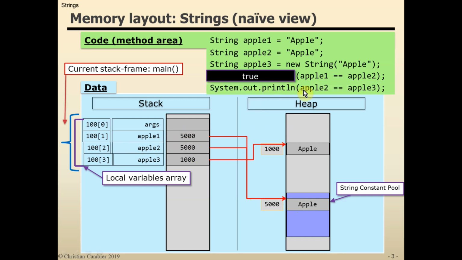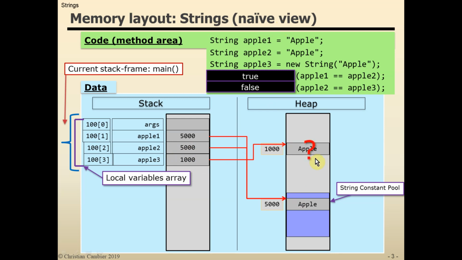What is printed out when comparing apple2 and apple3? Again, look in the stack frame. You see already here different values, and that is because both refer to a different object. This results in false.